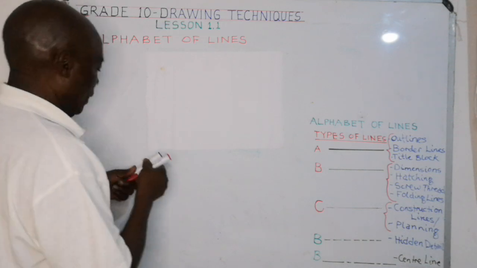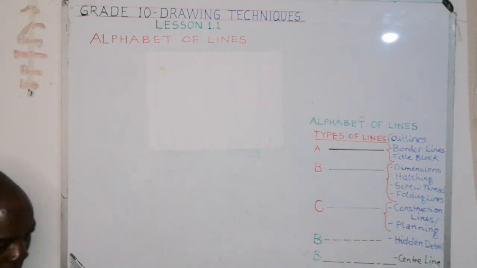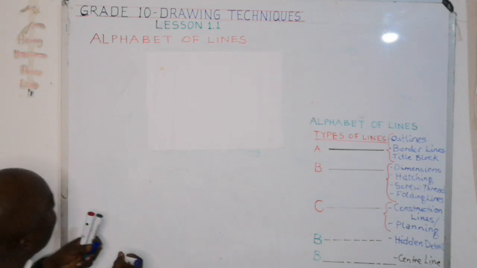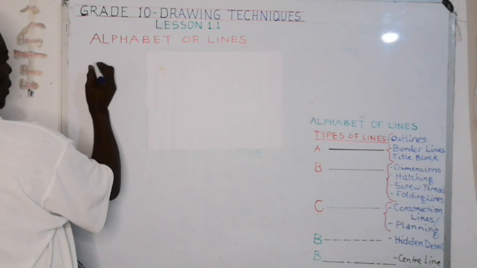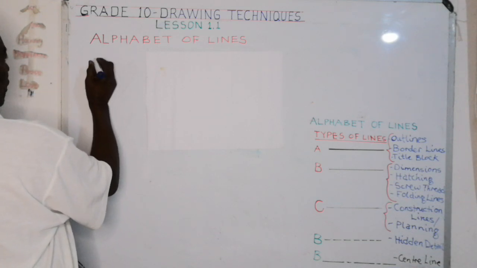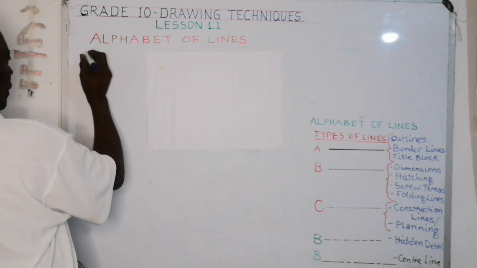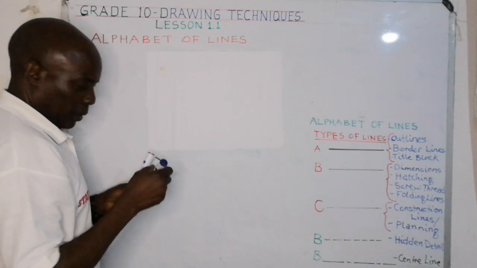So I've got line type A, which is outlines. Let me use a different color here now. Alphabet of lines. So line types of lines. Oh, this one's not writing.